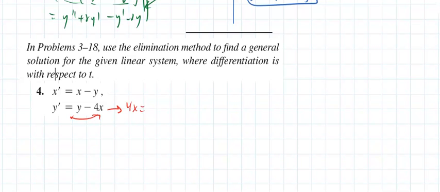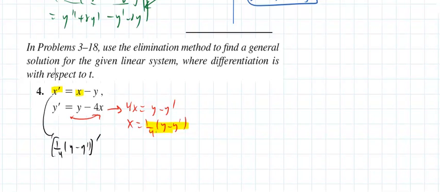then I'll get 4x equal y minus y prime, and x is really 1/4 of y minus y prime. If I take this quantity now and put it right there and right there, so if I take a derivative of that, that is 1/4 of y minus y prime equals 1/4 of y minus y prime minus y.